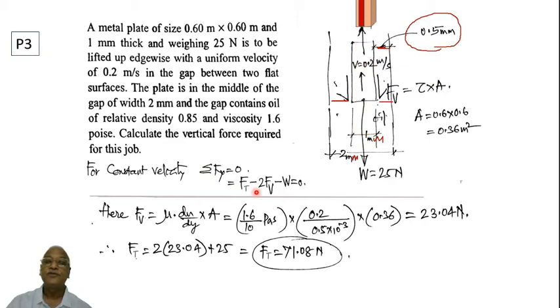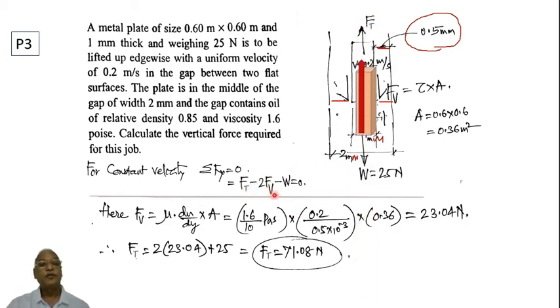So here are the forces acting on the object. If you look at the free body diagram, the force Ft is pulling it up, and there are two viscous forces on the edge surfaces, one surface over here, one surface there. There are two viscous forces. So Ft plus 2 Fv, where Fv is the viscous force on one side, minus the weight of the object is equal to 0. This is the summation of vertical forces.